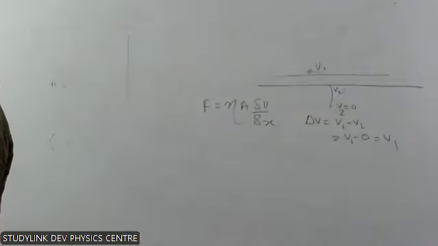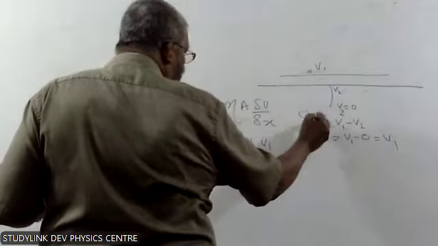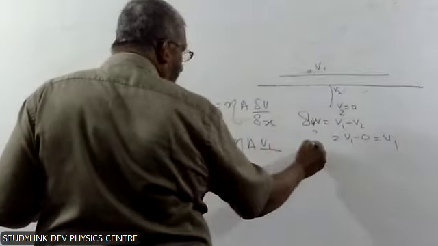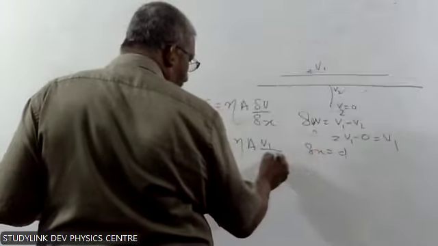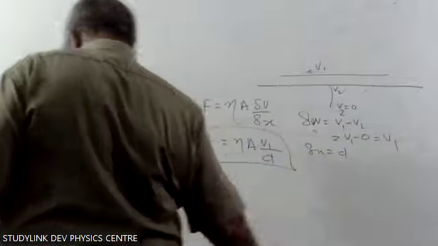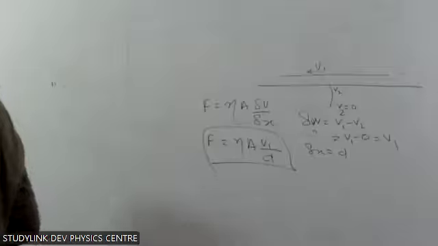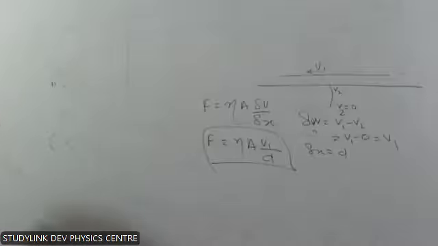Then you can go ahead and get the answer. F is equal to eta A v1 over d, where delta V is v1 and delta x is equal to d. This is the equation you have to obtain. Right, next one.